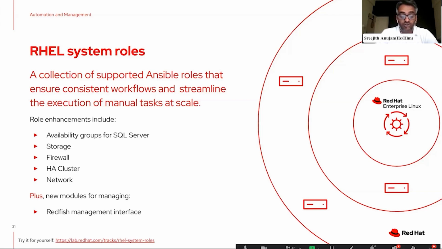And there are also new modules for managing the Redfish management interface, in case you need to use that cloud-based tooling. Again, the system roles are ever-evolving Ansible-based roles which make use of the power of automation to consistently and in a standard way execute all your manual tasks at scale across your Red Hat Enterprise Linux farm.